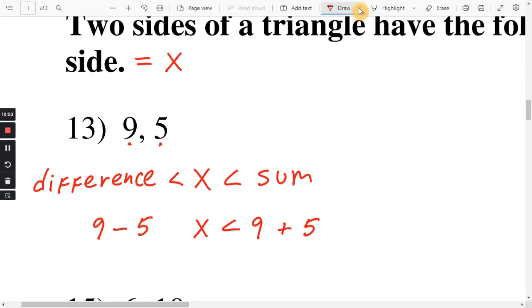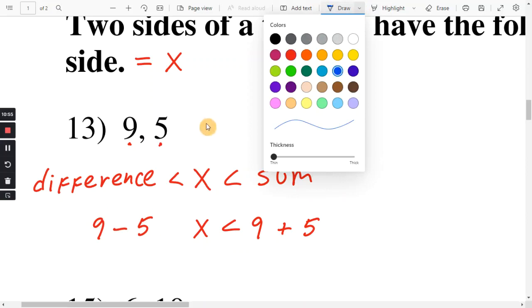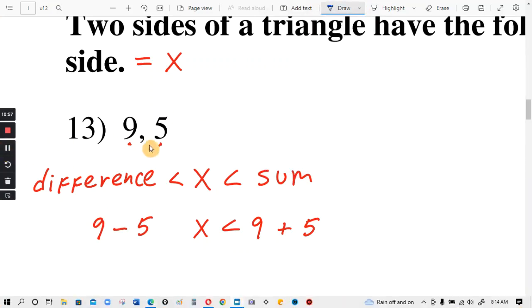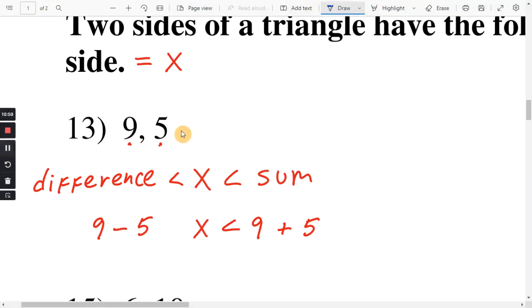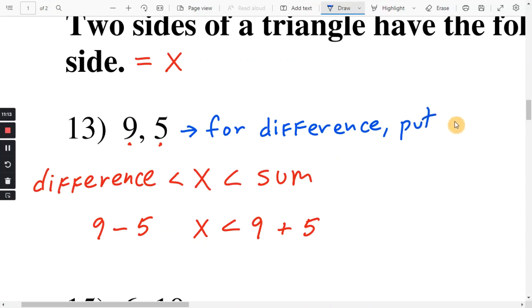Okay. Now I want to make a note here for the difference. For the difference, you want to put the greater number first.